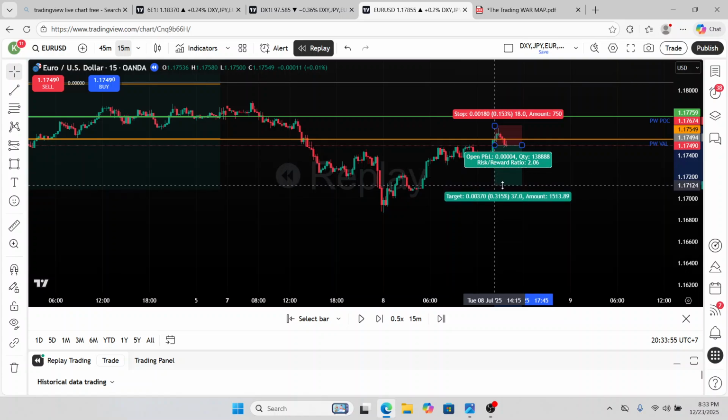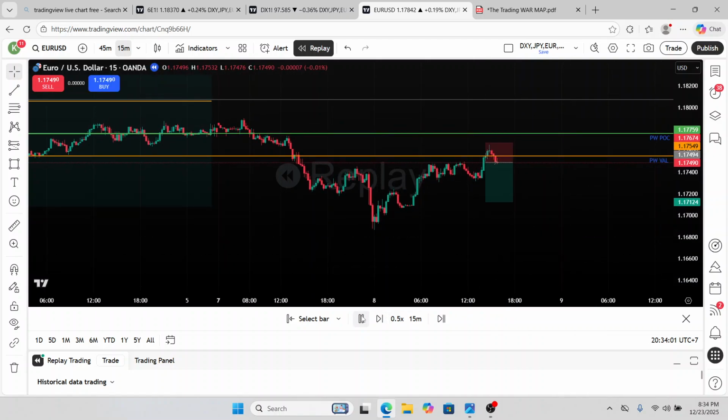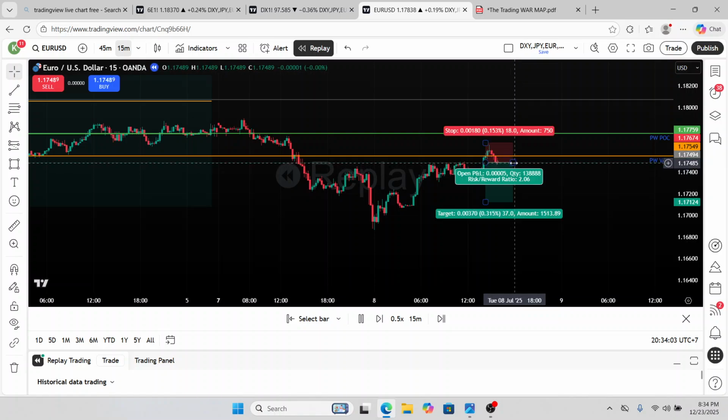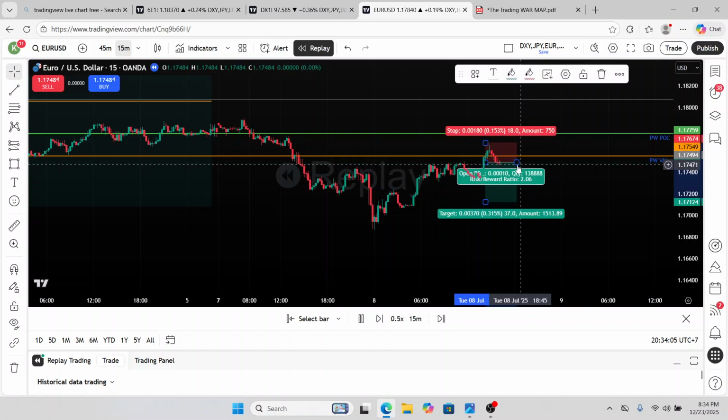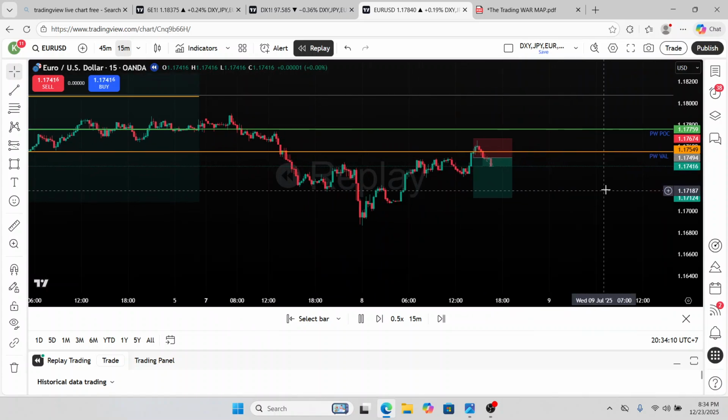I just went for a simple 2-to-1, and I'll just put it here and let it go. And this was pretty much how I took it, because of that rejection from the previous week value area low.